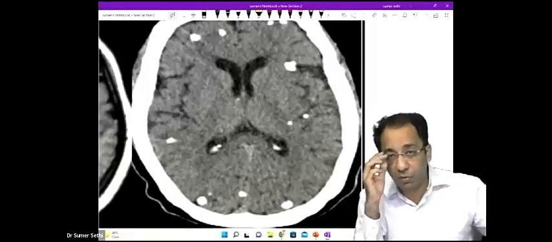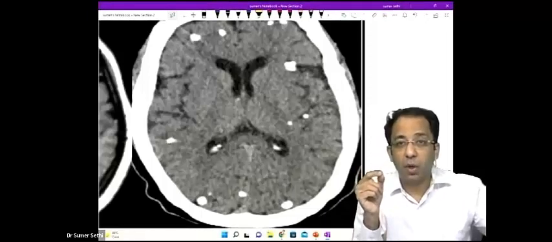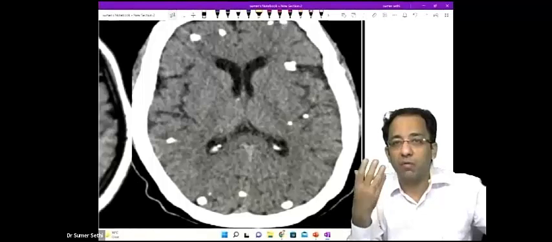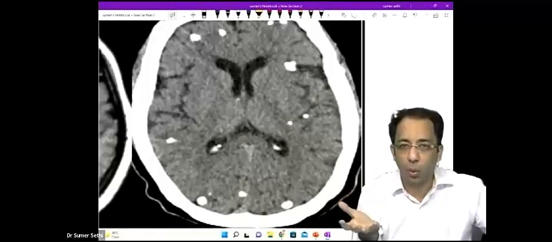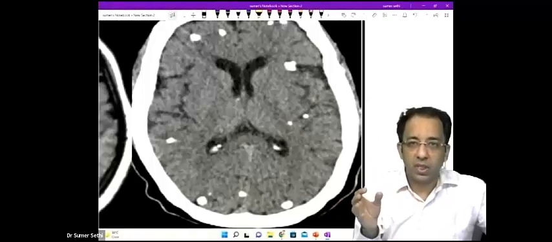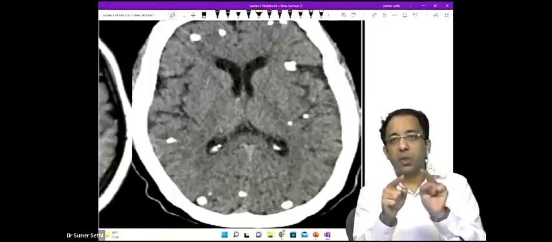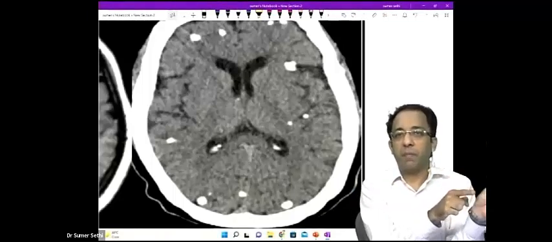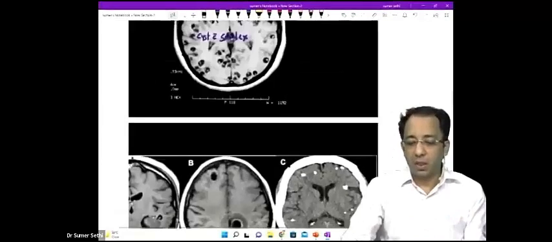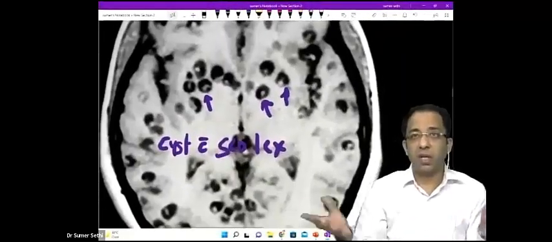Now, one of the questions that a lot of people will ask you is, sir, how do we differentiate between NCC and a tubercular lesion? We will discuss it with TB, but remember, cyst with scolex appearance is typical of NCC. This is definitely NCC.